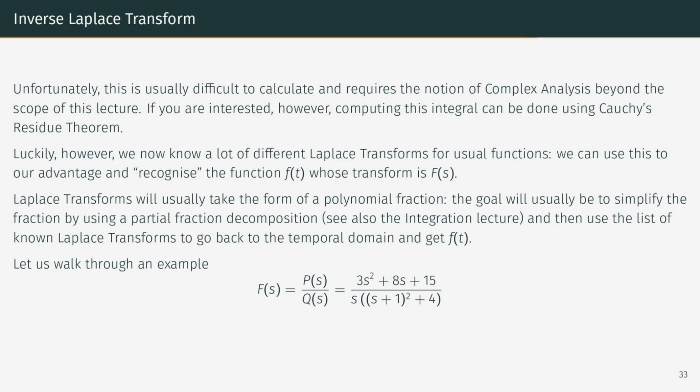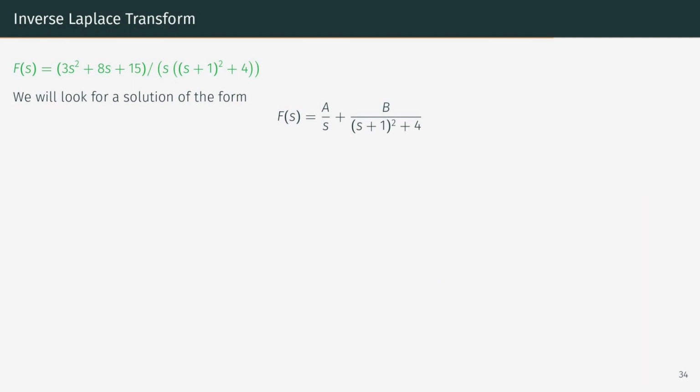Let's consider the function F(s) equals P(s) over Q(s), which equals 3s squared plus 8s plus 15 all over s times ((s plus 1) squared plus 4). We know that we want to find a solution which has the form F(s) equals A over s plus (Bs plus C) over ((s plus 1) squared plus 4).